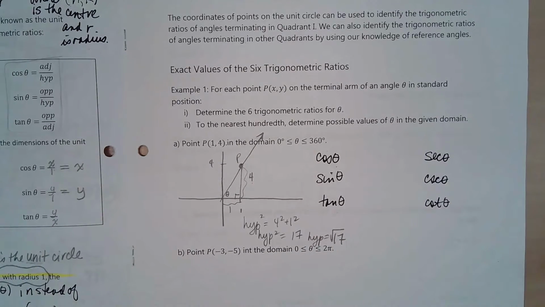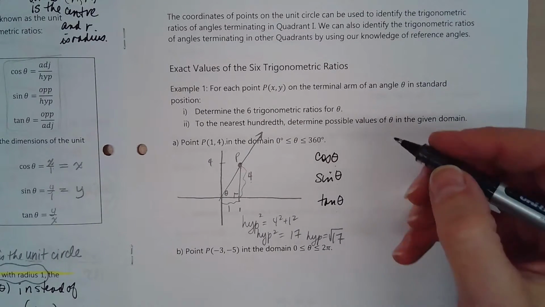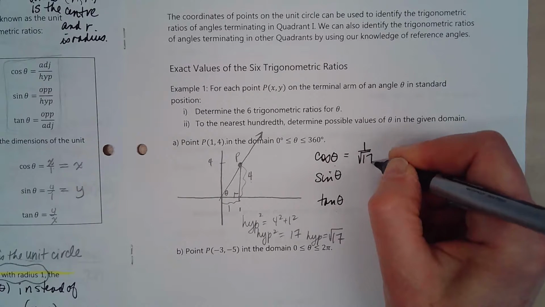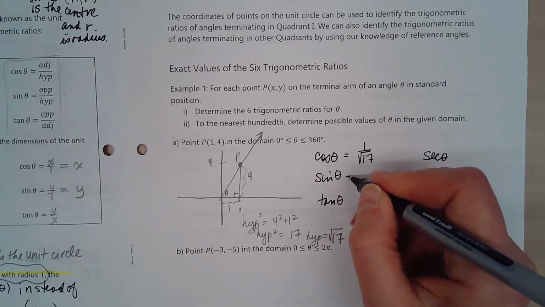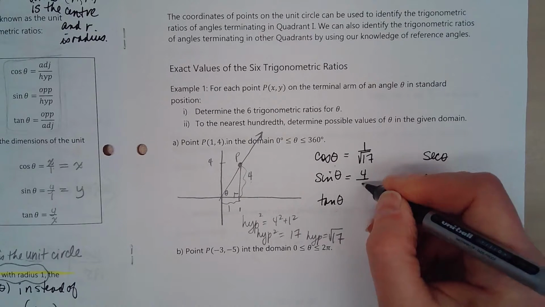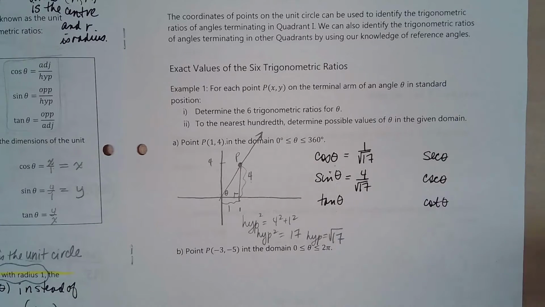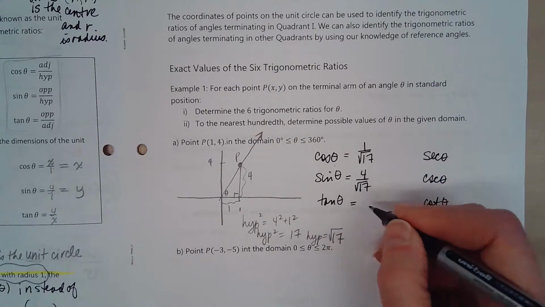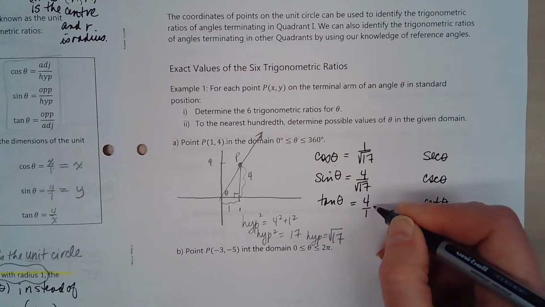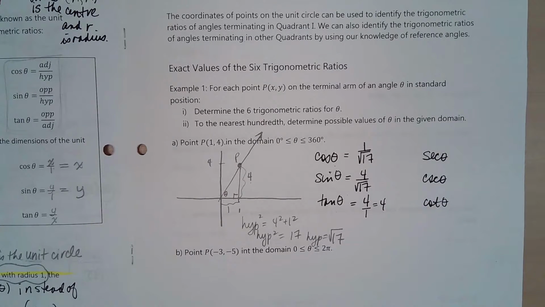Perfect. Okay, so cos equals adjacent over hypotenuse, right? Sine equals opposite over hypotenuse, and tan equals opposite over adjacent, or I guess we could just say 4 in this case, right?